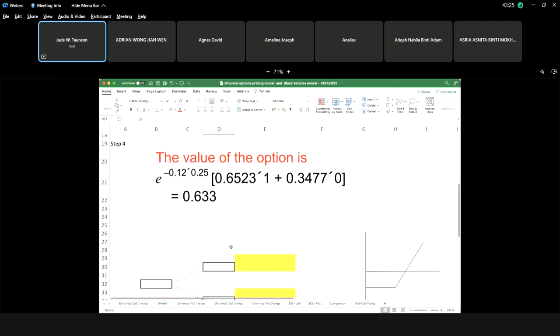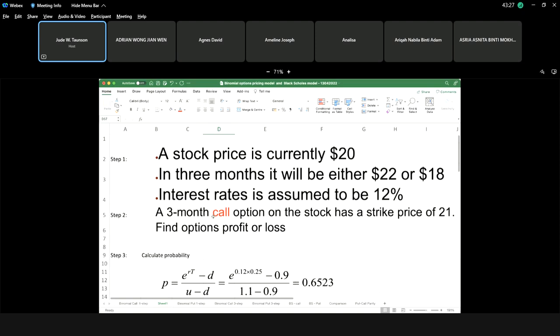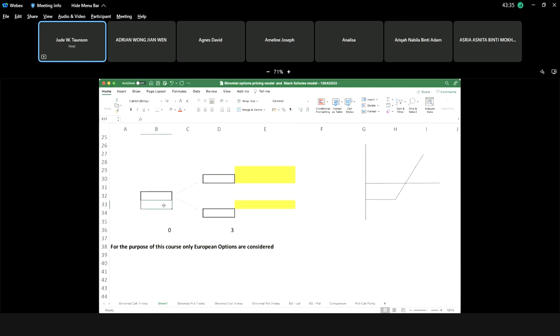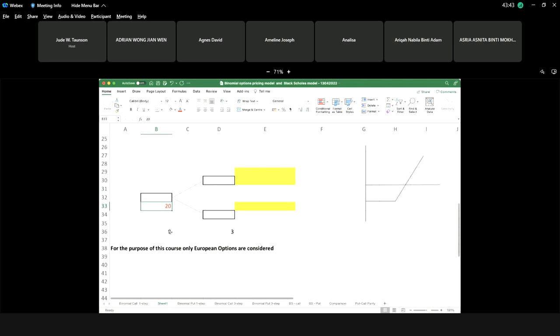So the first step we need to do is the current price today. So we put the price here, $20.